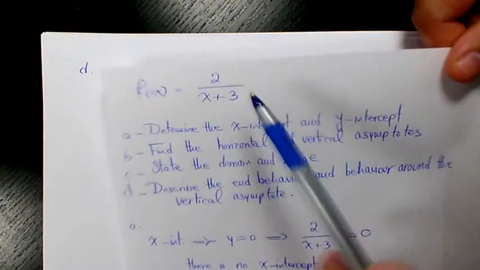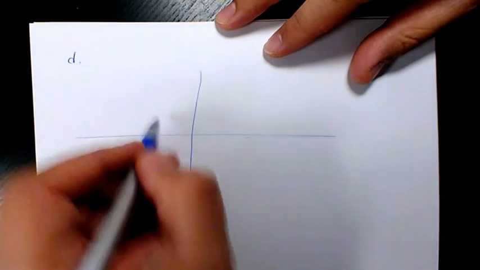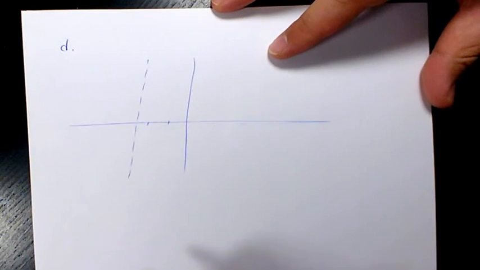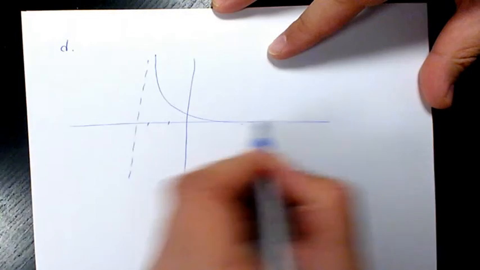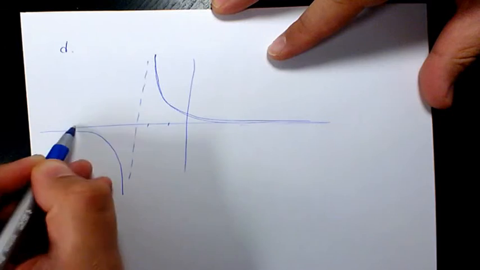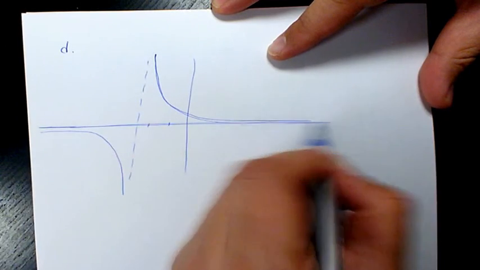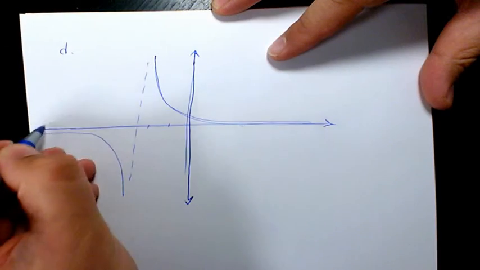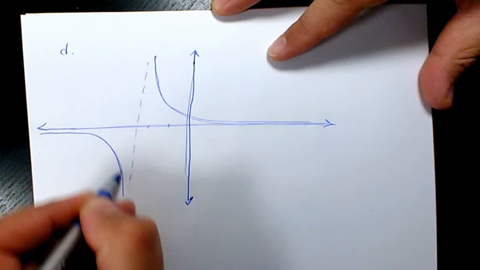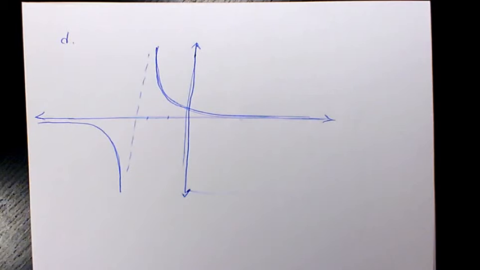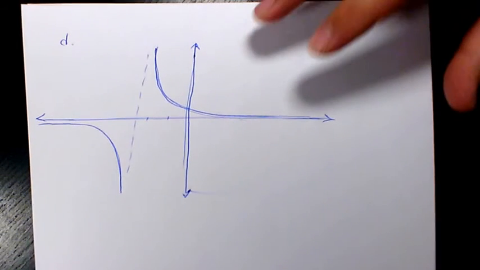In this kind of situation, since this one is positive, we have a vertical asymptote at x equals negative 3, and we have something like these two sides on the graph, this one and this one. So that's the graph of this function.